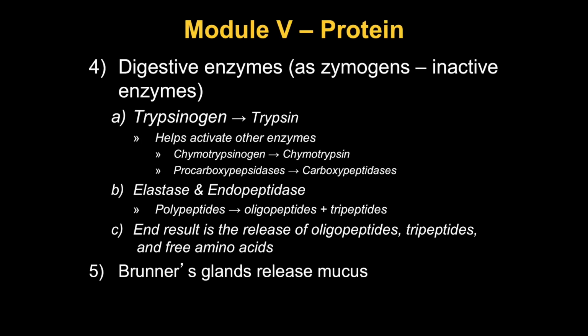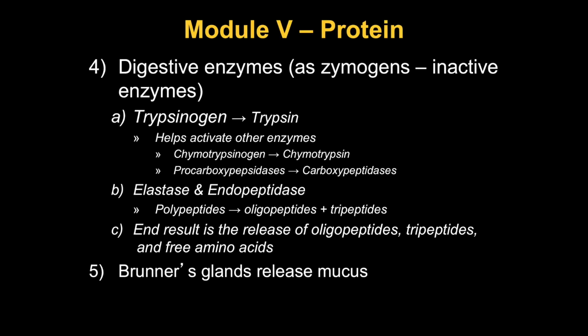We also have trypsin activating procarboxypeptidases, which then is going to stimulate carboxypeptidases to do their job, which again here the job is to digest protein. We also have elastase and endopeptidase, which stimulate polypeptides to basically break apart into oligopeptides and tripeptides.